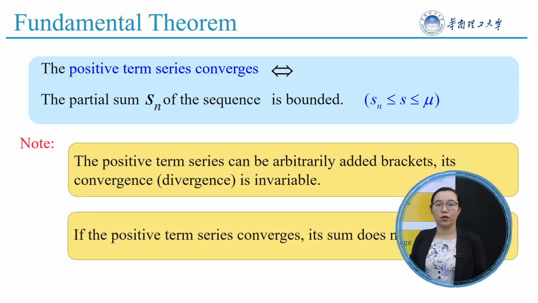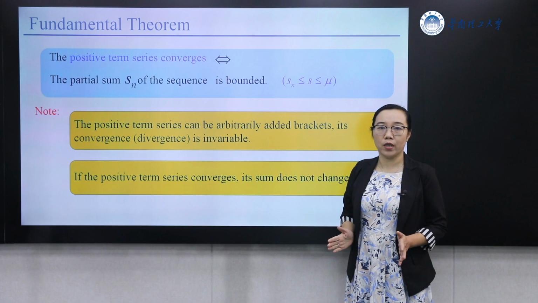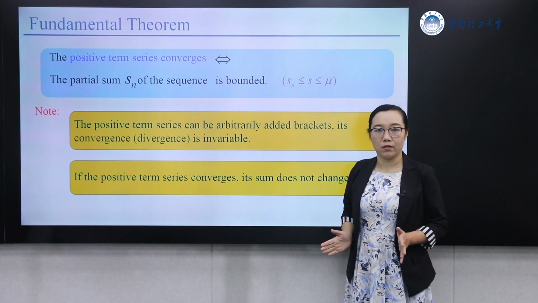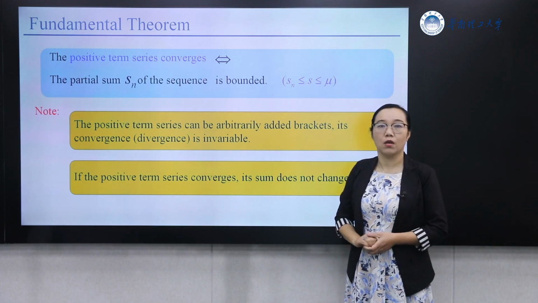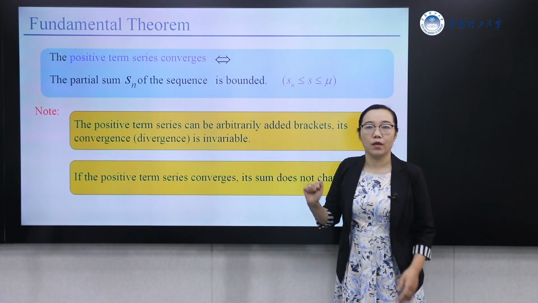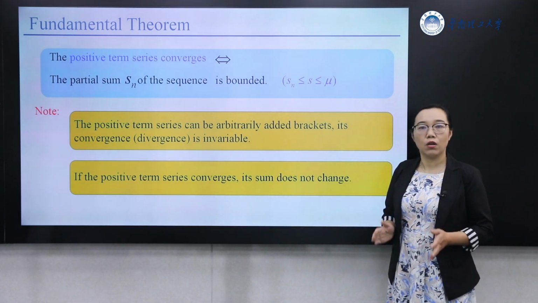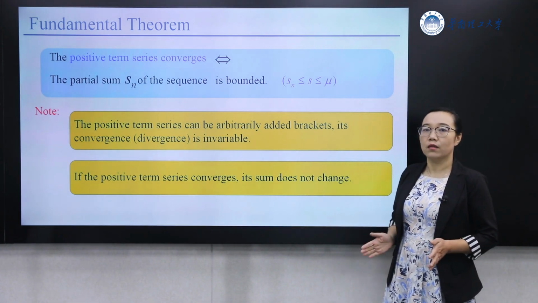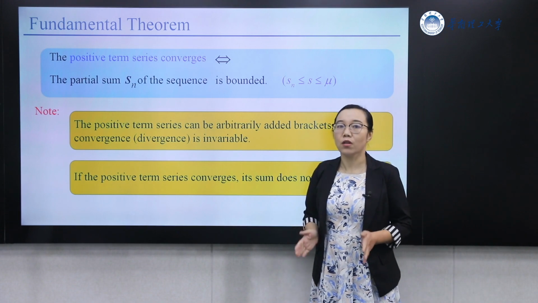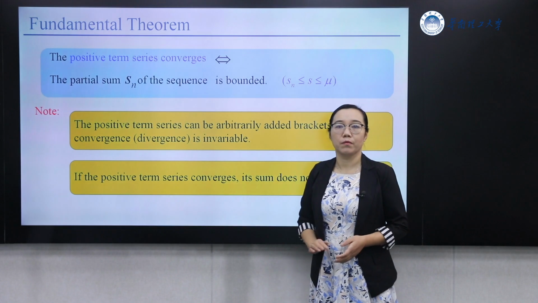The positive term series can be arbitrarily bracketed. Its convergence or divergence is invariable. If the positive term series converges, then its sum does not change, namely it has the same sum.